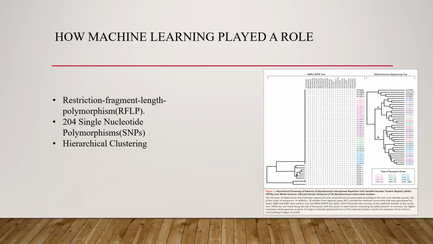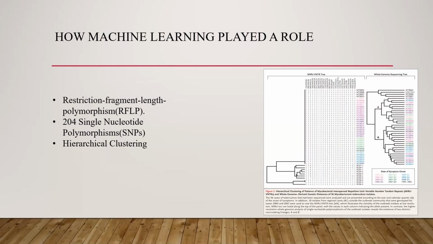The results from the dendrogram showed that there were two distinct lineages of Mycobacterium tuberculosis, suggesting not one outbreak but two simultaneous outbreaks, which have different lineages, lineage A and lineage B. The presence of two lineages was observed regardless of the technique implemented.